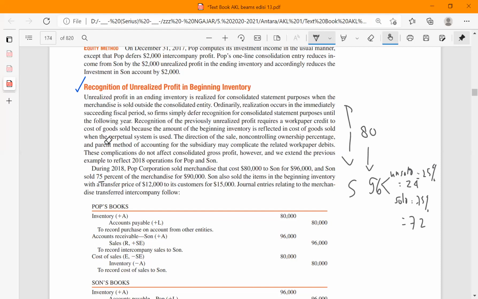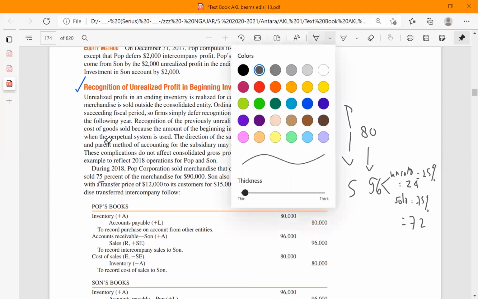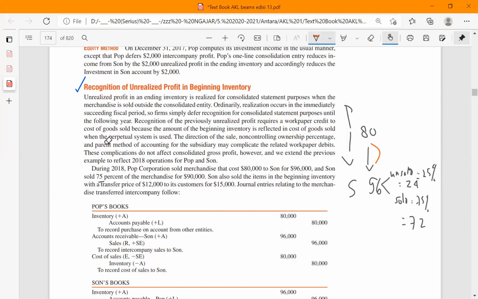So it means that we have the same issue as the previous year, that we have to eliminate any unrealized profit. So we have to compute the unrealized profit that cannot be recognized here. The total profit from the point of view of P that it gets from S is actually 16.